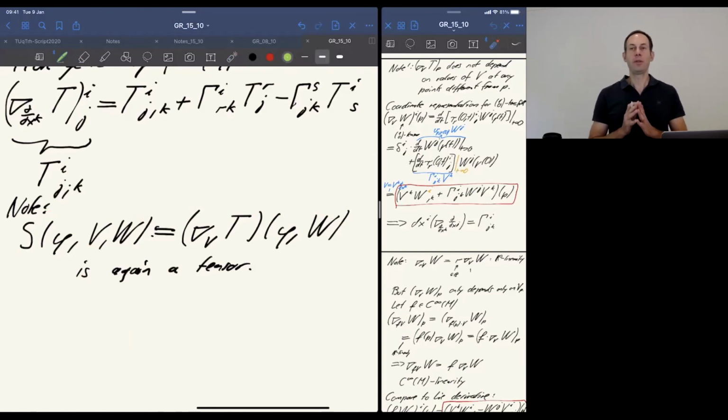Okay, this claim is not completely obvious, but from what we have done, we can immediately see that it must be true. So why do I say it's not obvious? If I said the same thing about the Lie derivative, it would be a wrong statement.